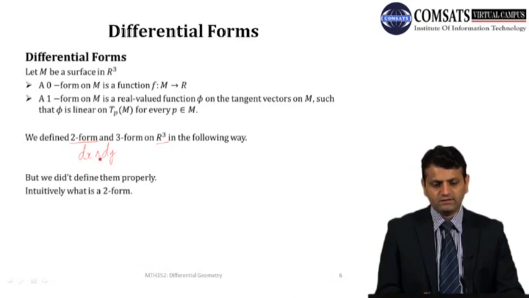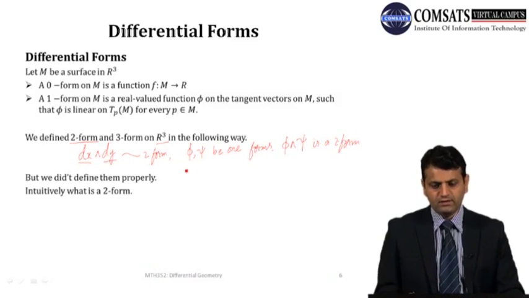So for example dx wedge dy. So dx is a one form, dy is a one form, और इन दोनों का वेज ले लें then it is a two form. Similarly, phi and psi be one forms, then their wedge product is a two form.